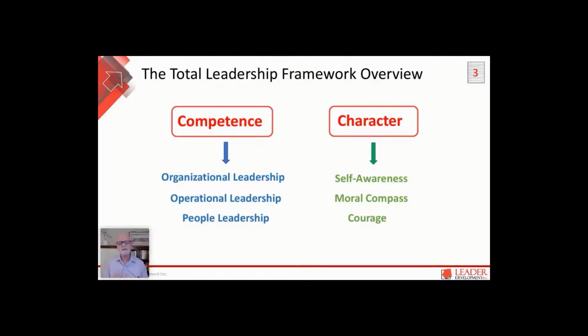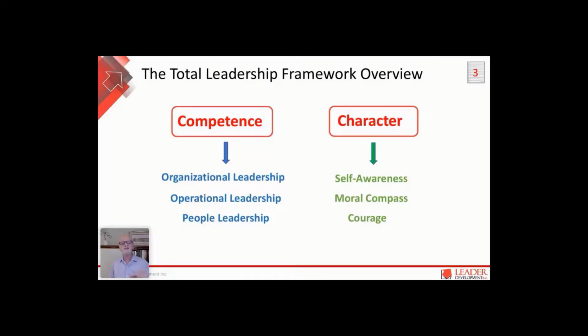They have a moral compass, and they also have the courage to exercise it. On the competence side, there are 3 pieces, and this is what our total leadership framework actually addresses. There's organizational leadership, there's operational leadership, and there's people leadership. And a lot of the confusion around leadership comes from confusion around those 3 concepts.